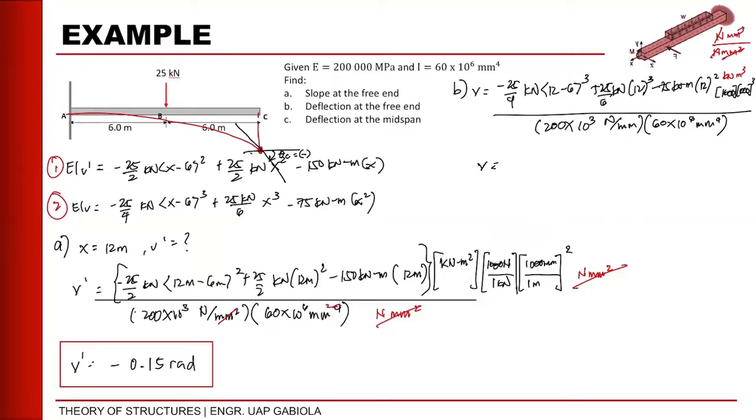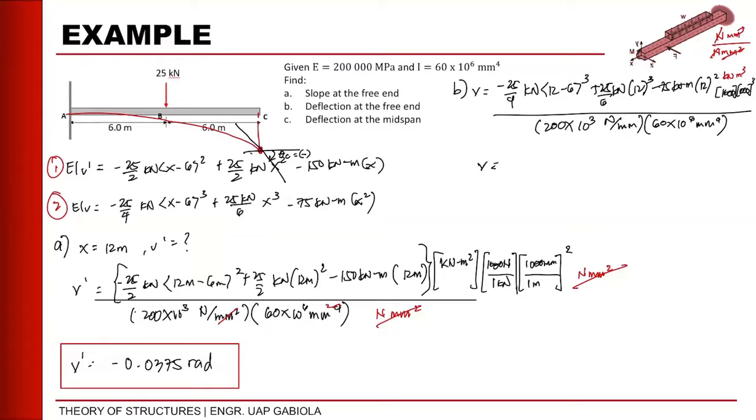Tapos tsaka natin go convert into 1,000 plus 1,000 squared all over 200 times 10 to the 3 plus 60 times 10 to the 6. Ayan. So, may mali nga tayo sa value, no? So, let me check yung value. So, the correct value is negative 0.0375 radians. Okay? So, ayan. So, ito yung answer natin for the letter A.